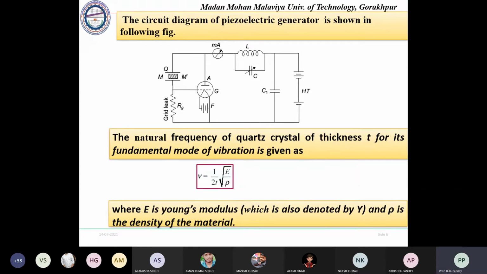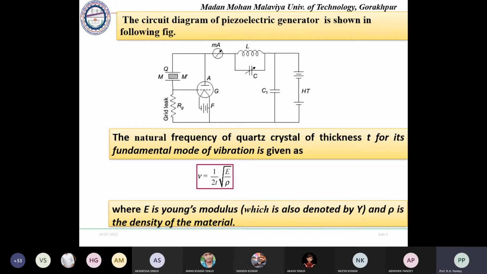At the same time, since this quartz crystal is connected with this tank circuit, according to this oscillation there will be electrostatic pressure on it, and due to this pressure, compression and elongation in this quartz slice will occur.